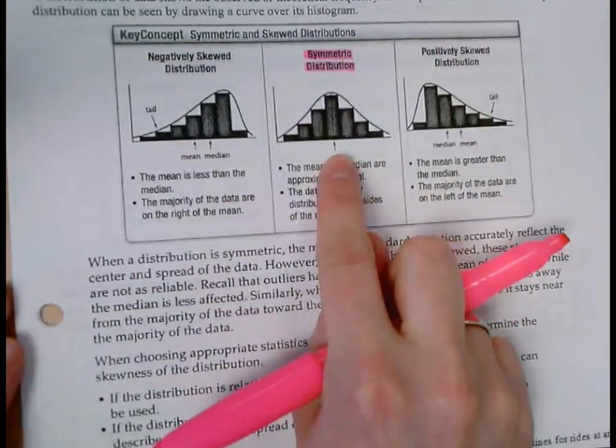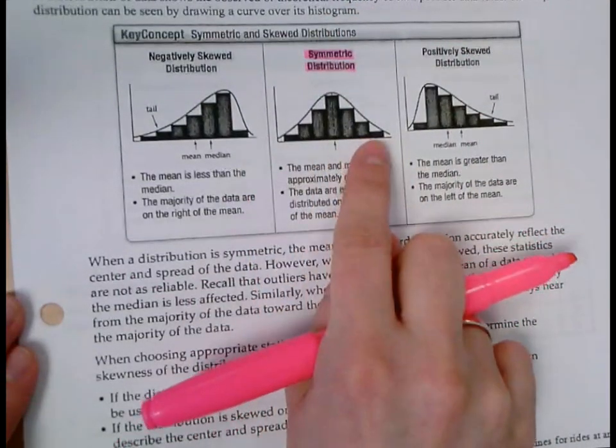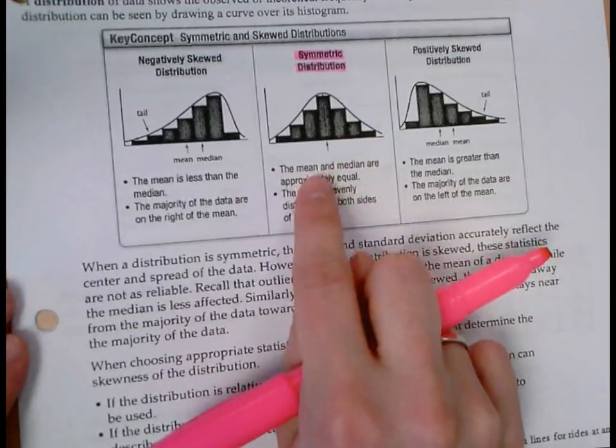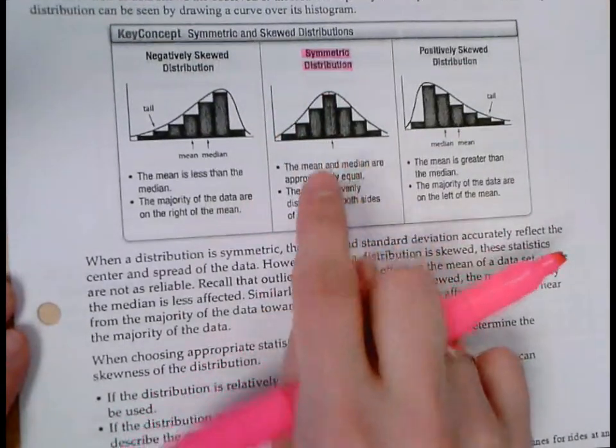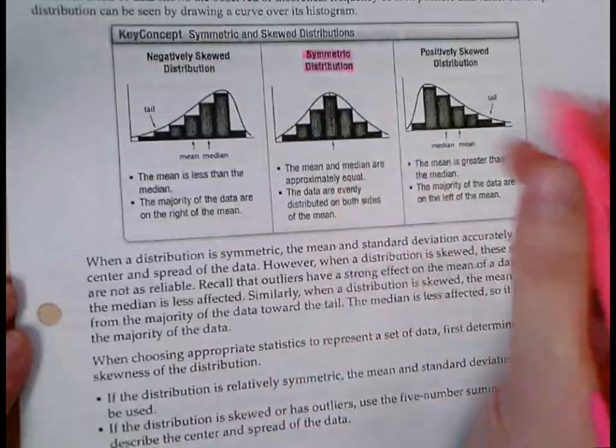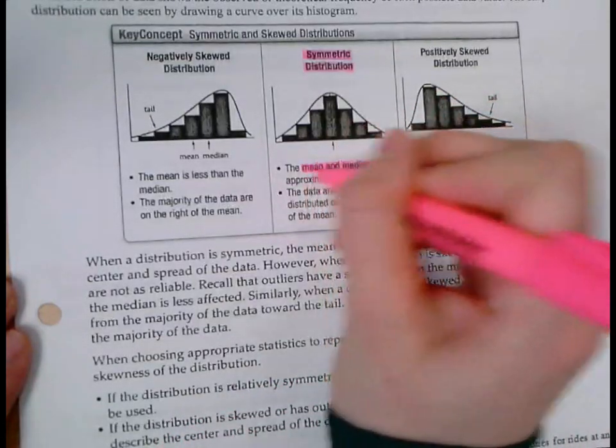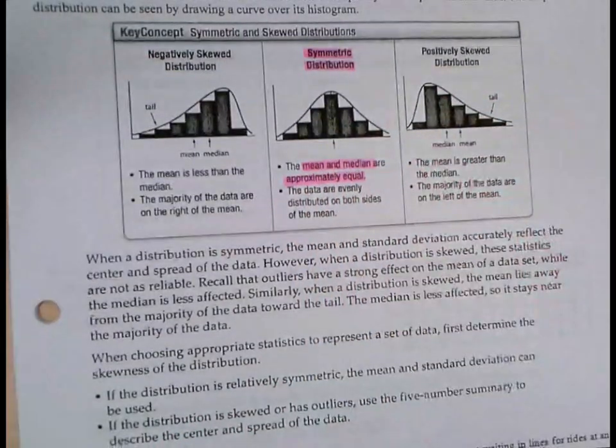So when your distribution is symmetric, first of all, just visually look at what that looks like. What this means, though, is that the mean and the median are approximately equal. So there's two different common measures of center that was referenced on Friday's lesson: the mean, the average of the data set, and then the median.